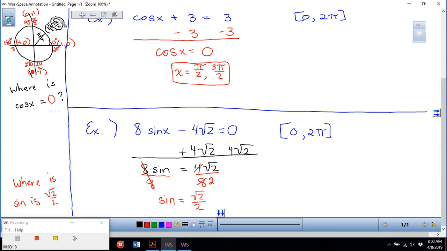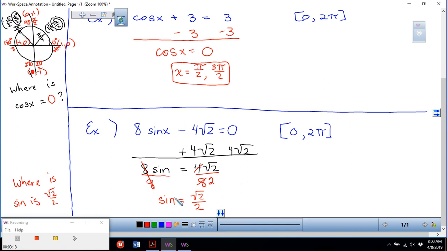And the second place where sine is going to have a positive square root of 2 over 2 is going to be over here in the second quadrant, and that would be at 3 pi over 4. That's where our sine value, the second value of our ordered pair, is positive square root of 2 over 2. Not worried about the fact that the cosine is negative. I'm only looking at the sine value, which is positive.